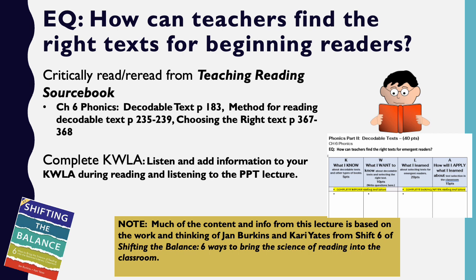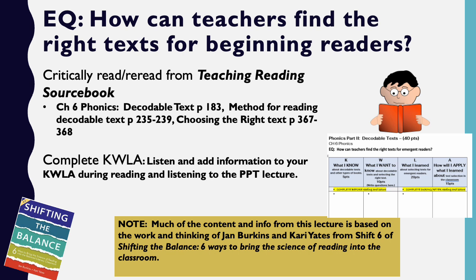I realize that these chapters are outside of Chapter 6, but all of these topics relate to decodable texts, and that is our focus for the second week, part 2 of our phonics instruction.